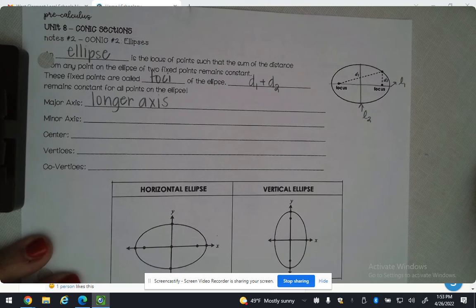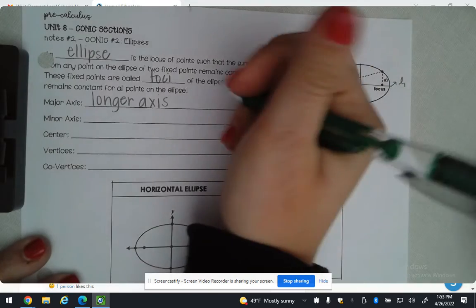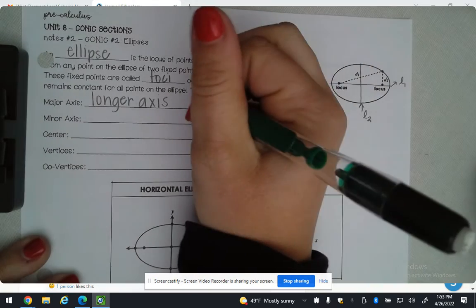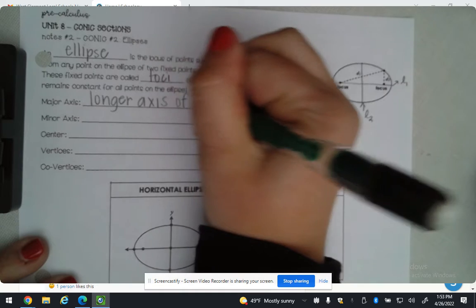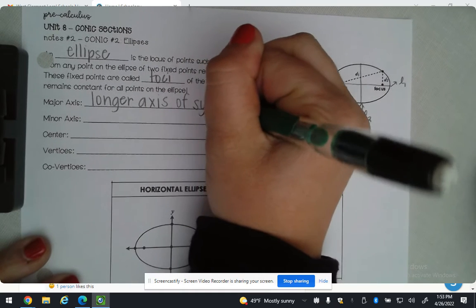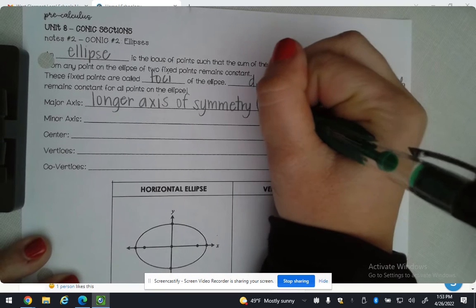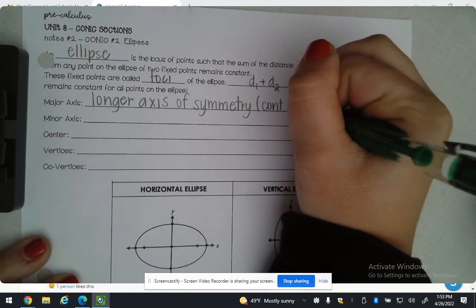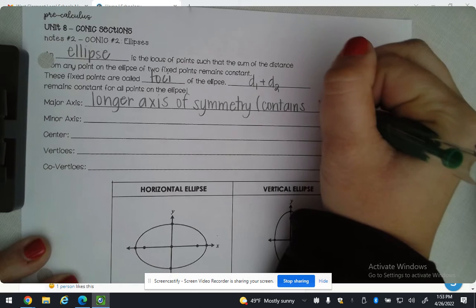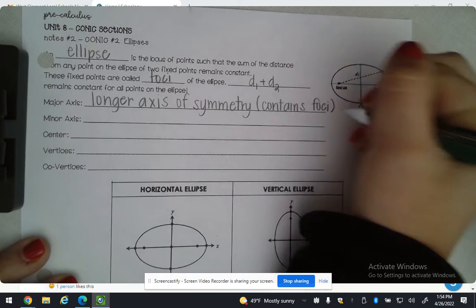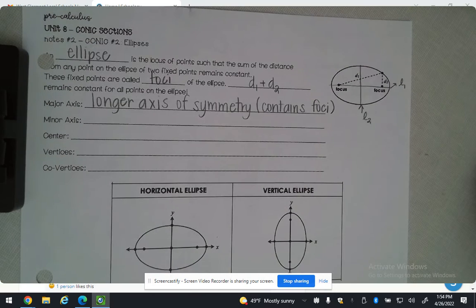Are the foci on line 2? No, the foci are always going to be on your longer axis of symmetry is what I should have written, because it cuts it in half. And it has to contain both foci. That's important. Okay?